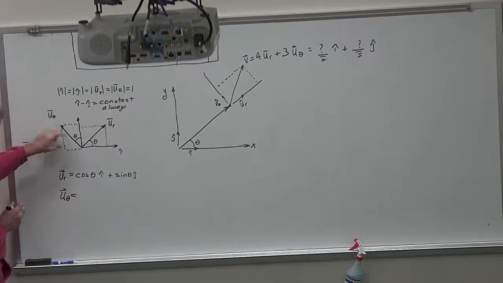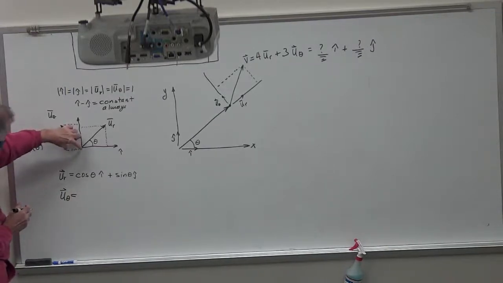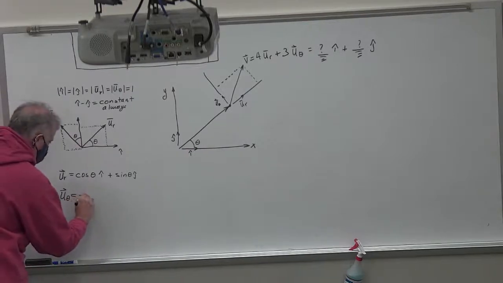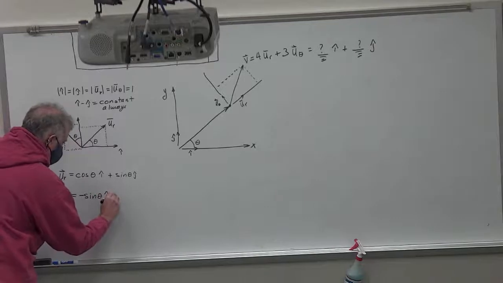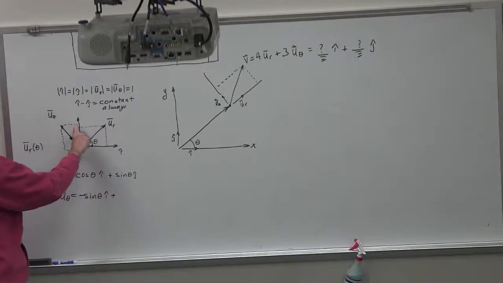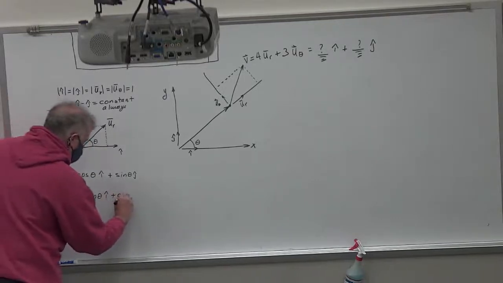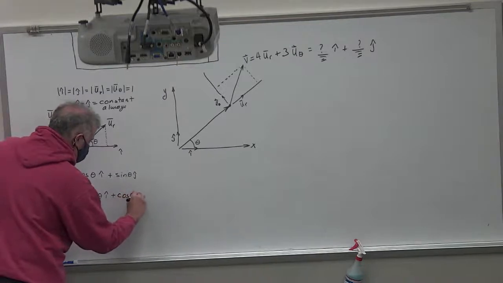Okay, so if I want to do the x component, I got to go backwards: minus sine theta i plus cosine theta j.